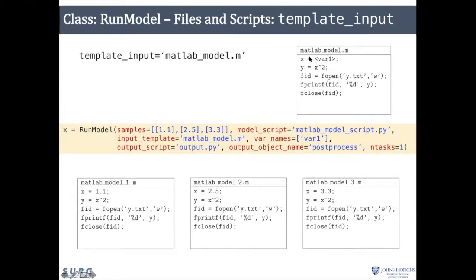So RunModel first scans the template input file and tries to locate variable 1 within angle brackets. Once it finds any instance of this specified variable name, it then uses the samples and replaces the entire placeholder, which is the angle brackets enclosing the variable name, by the numerical value of the sample.